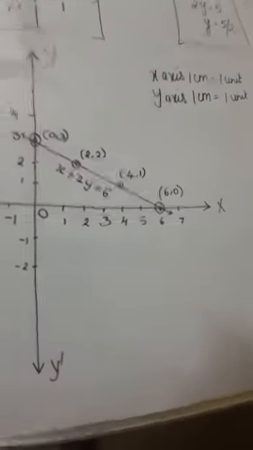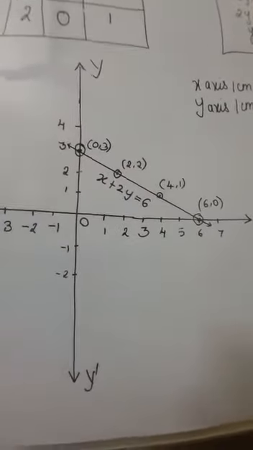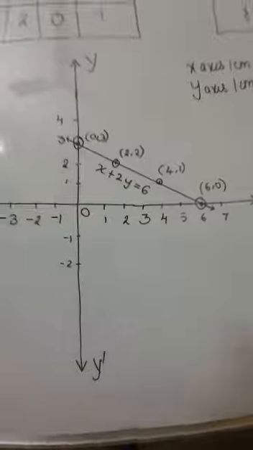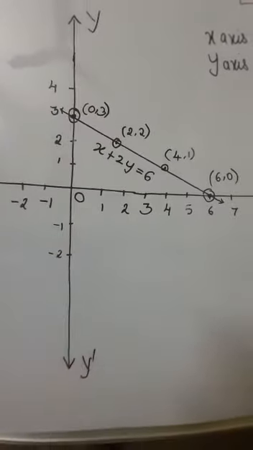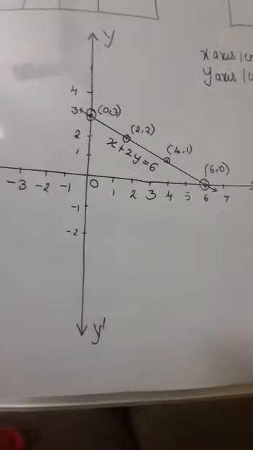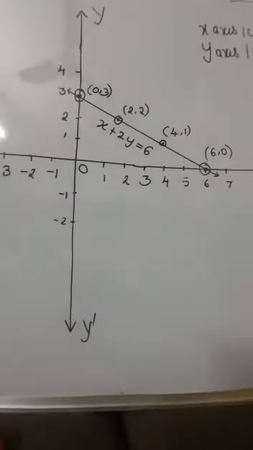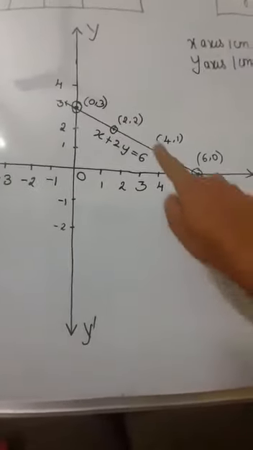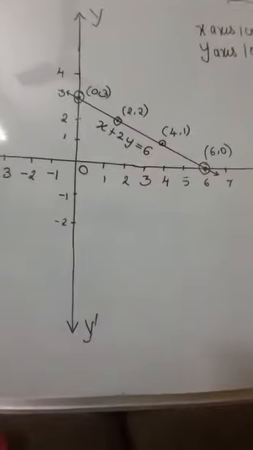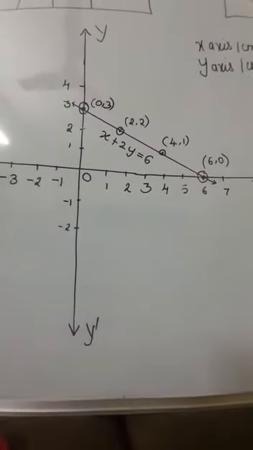Y-axis 1 centimeter is 1 unit. It will not be 100% up to the mark, children, because I have done freehand drawing. For the solutions, I have just marked these points, and when I join them, could you see, I got a straight line because it is a linear equation.